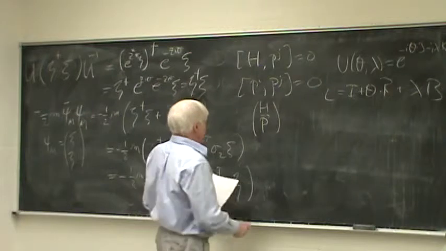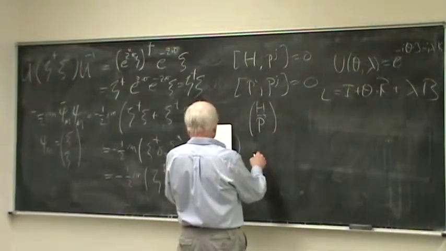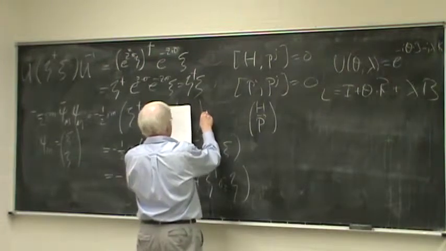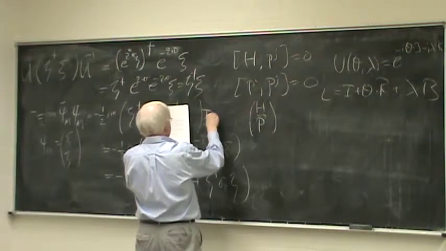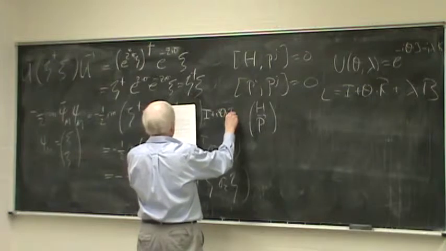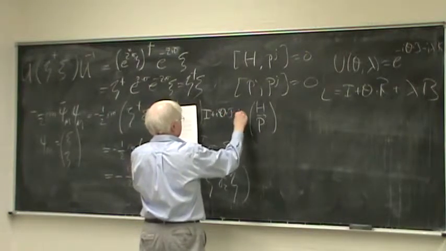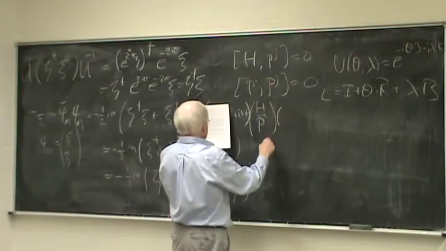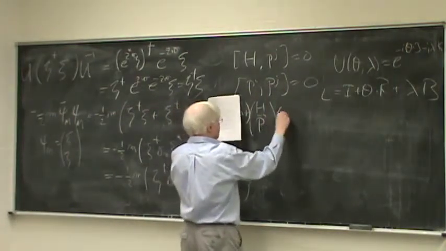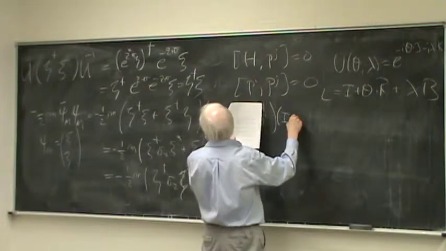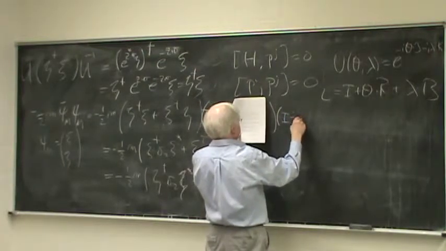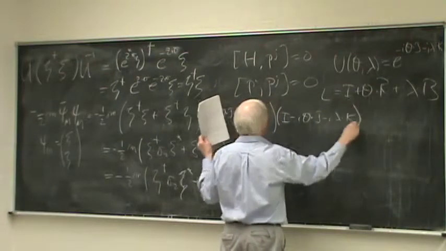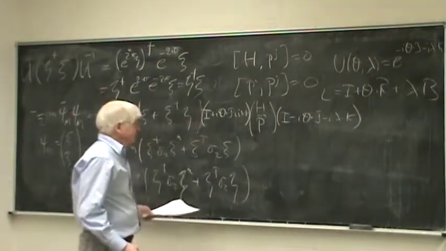Then what happens here to, in fact, let me do it this way. I plus i theta dot J plus i lambda dot K, all of that on the left, and the inverse of that, minus i theta dot J minus i lambda dot K on the right.